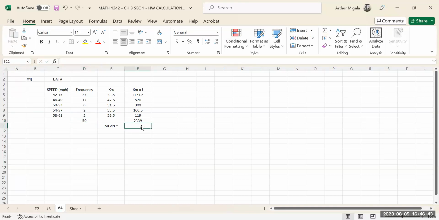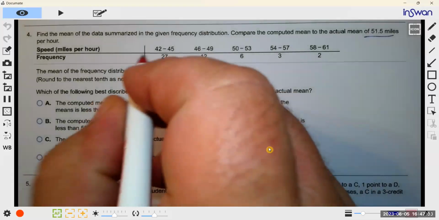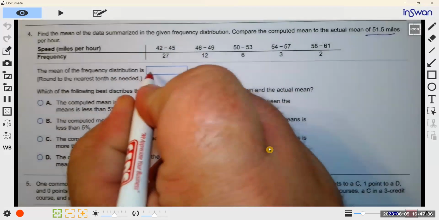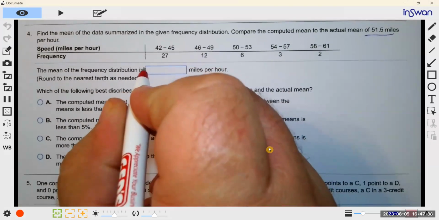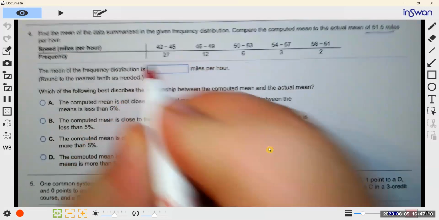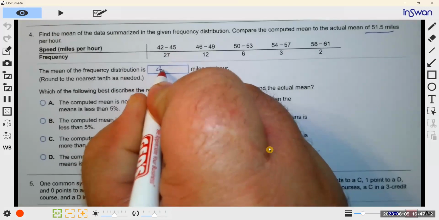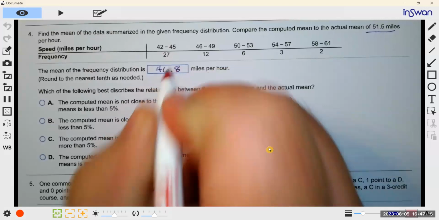So I take that number, divide by 50, I get 46.78. So let me go back to my chart. So the mean is round to the nearest 10th. And the 10th is the first one. So remember, it's 46.78. So it's 46.8.